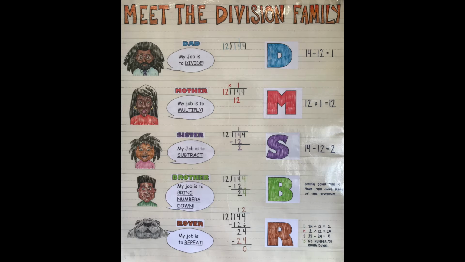The S in sister corresponds to the S in subtract. The B in brother corresponds to the B in bring numbers down. And the R in Rover corresponds to the R in repeat. So, if you're able to remember the names of the division family members in this order, then you'll also be reminded of what steps to perform.